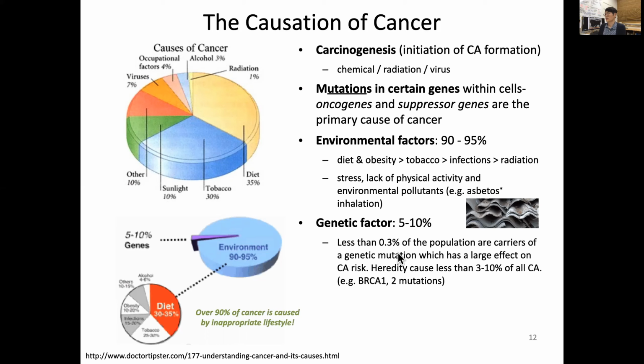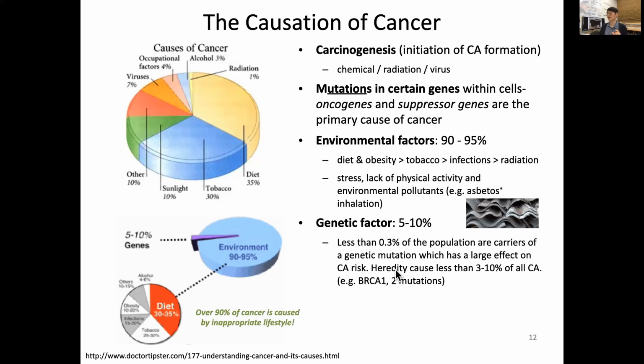So for example, there is the BRCA mutation. BRCA mutations 1 and 2 are known to be responsible for a high occurrence of breast cancer or ovarian cancer. However, the carriers of these mutations are actually pretty rare.